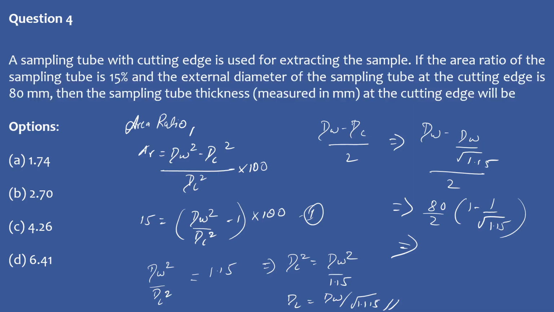If we calculate this, the answer which I am getting is 2.70. So the correct answer is option B. The sampling tube next at the cutting edge will be 2.70.